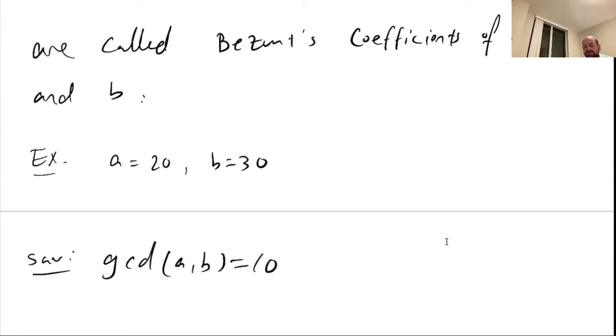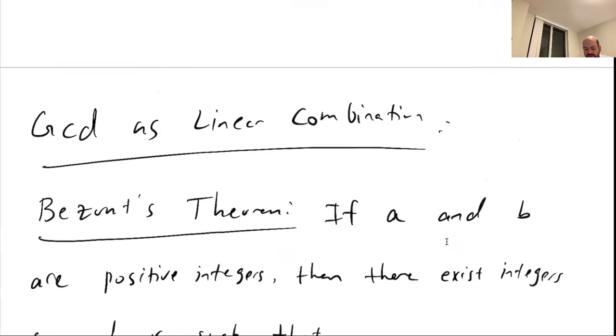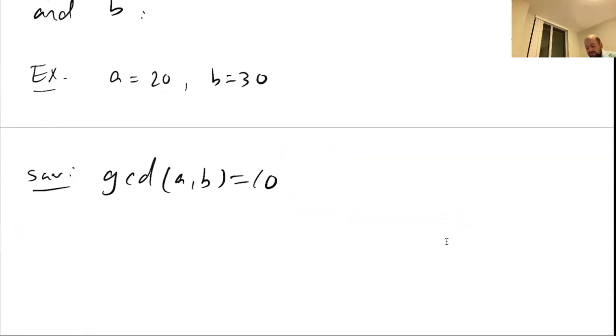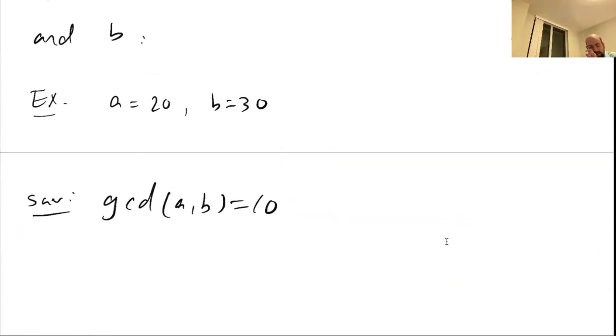Now the question is, can I write this GCD as a linear combination of A and B, meaning A times a constant plus B times a constant, and I get the GCD. Bezout's theorem says yes, you can always write the GCD as a linear combination of A and B. We didn't prove it, so we'll skip the proof, but we will see an example and also some applications of the theorem. We'll prove the applications, but not the theorem itself.